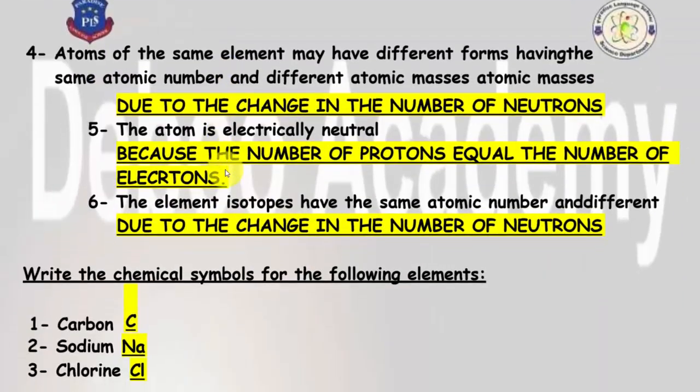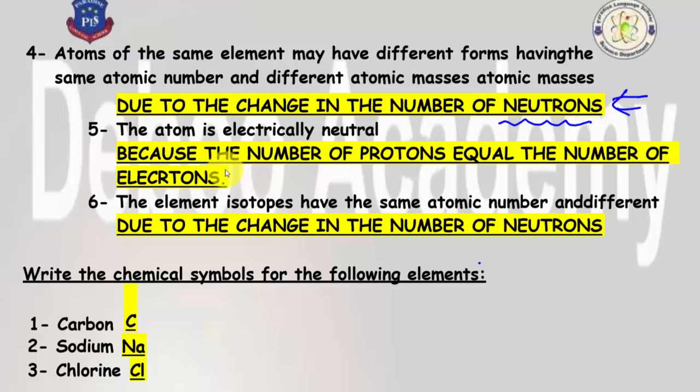Let's move to number 4. Atoms of the same element may have different forms, having the same atomic number and different atomic masses. We said that this is called isotope, and the reason for this is the difference, or change, in the number of neutrons.